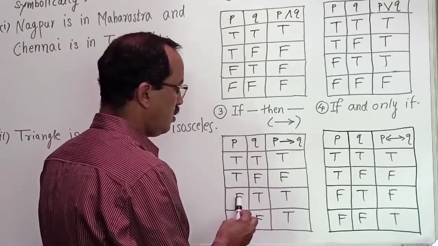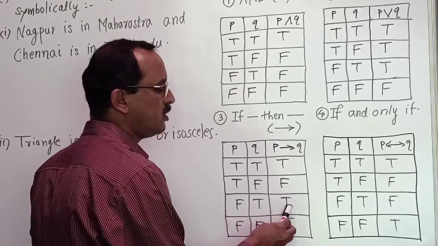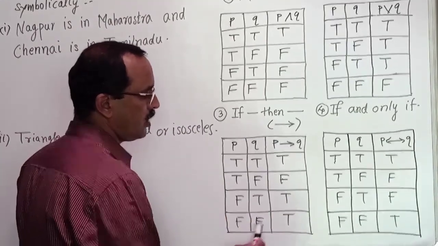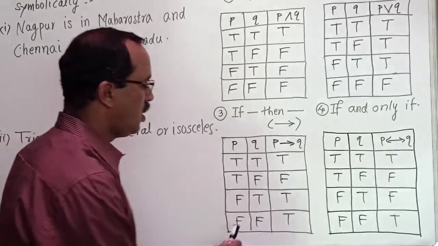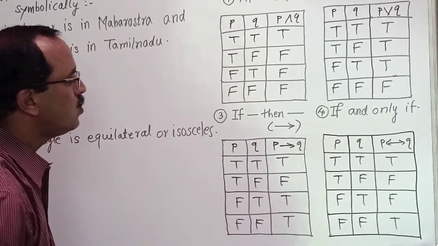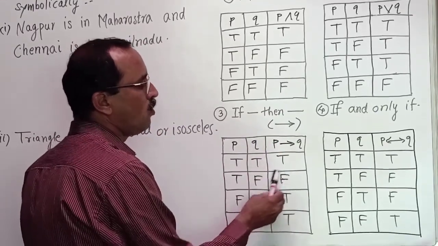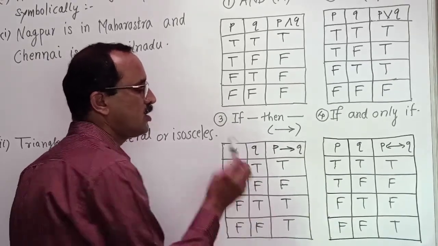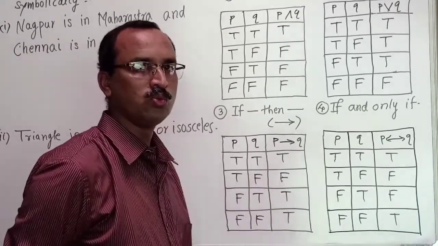In the third case, FT, the resultant is true. In the last case, both statements false, FF, the resultant is true. So in an if then statement, the resultant is false only when the first statement is true and the second is false. Other values are true.